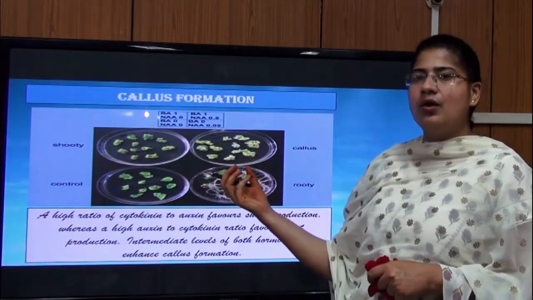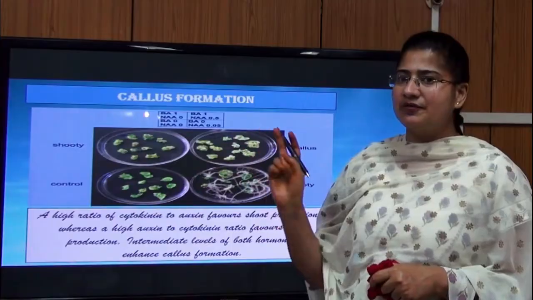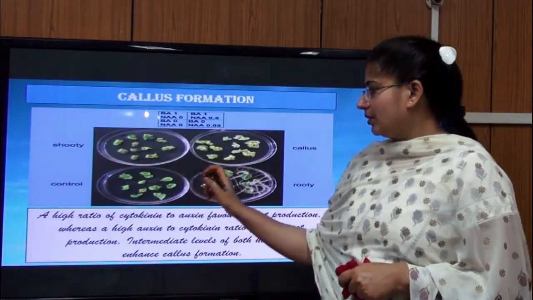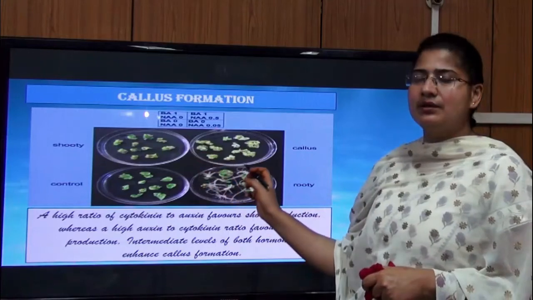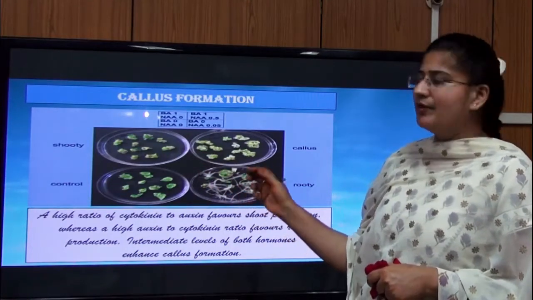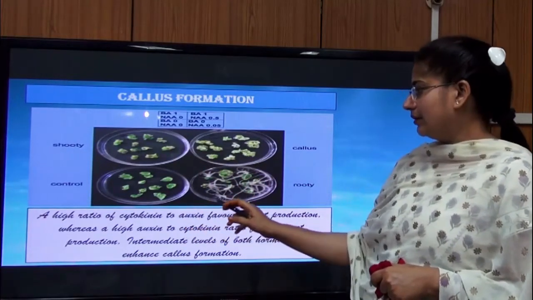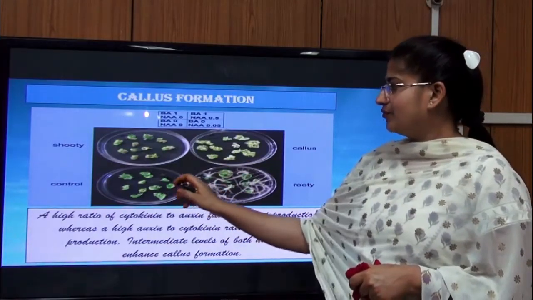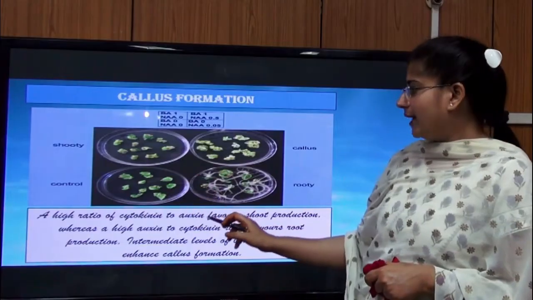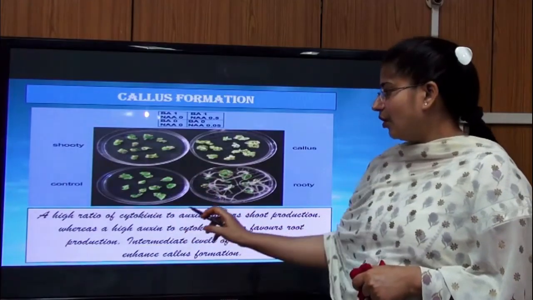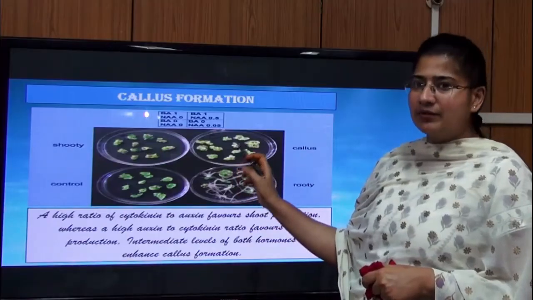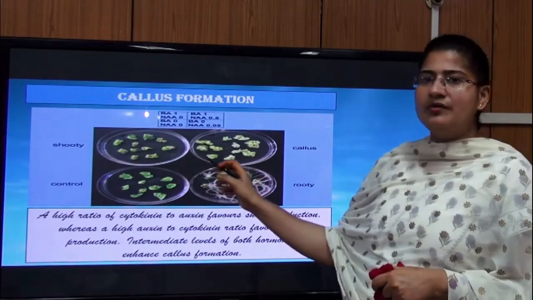Callus will keep increasing in size, but it will not differentiate into shoot or root, and this is the control. You would have studied in the tissue culture laboratory, where we provide these 2 hormones, cytokinin and auxin, in particular concentrations in the media which we prepare for tissue culture, and because of the concentration of these 2 hormones, the differentiation of callus is regulated, that is, formation of shoot or formation of root.